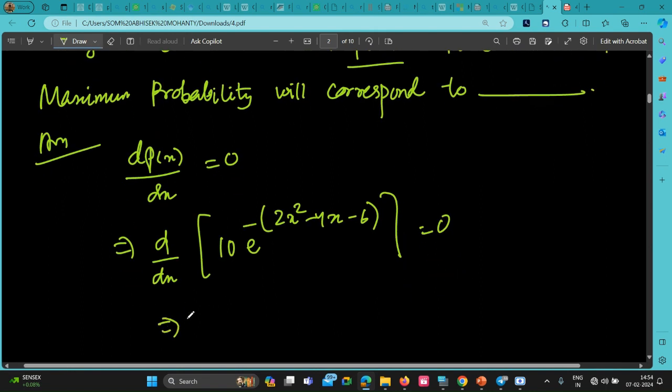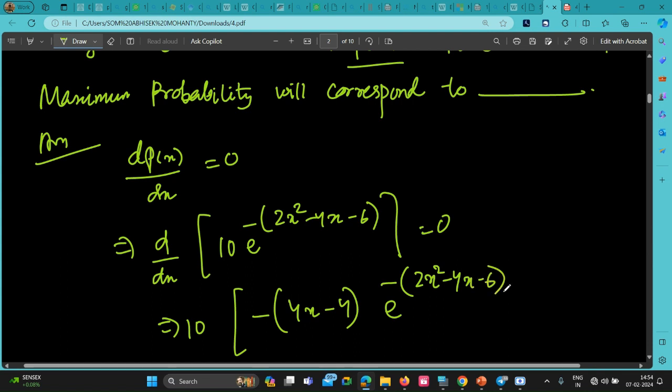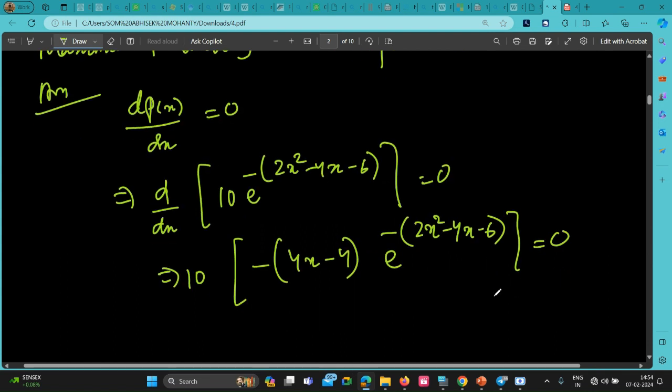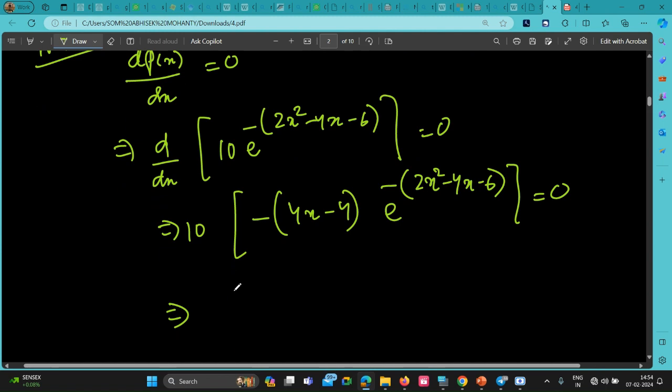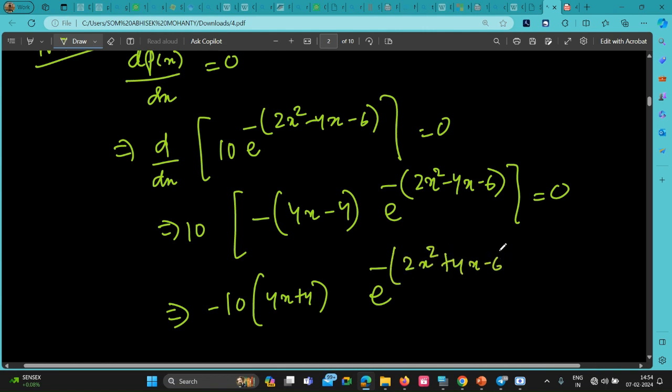That will give me 10 comes out, and the derivative is minus of 4x plus 4, times e to the power minus 2x square minus 4x minus 6, equal to 0.